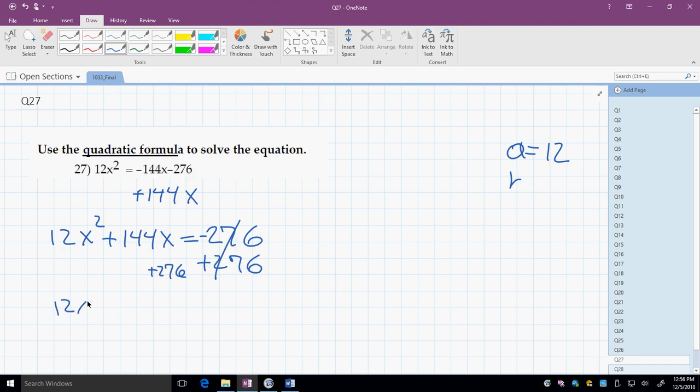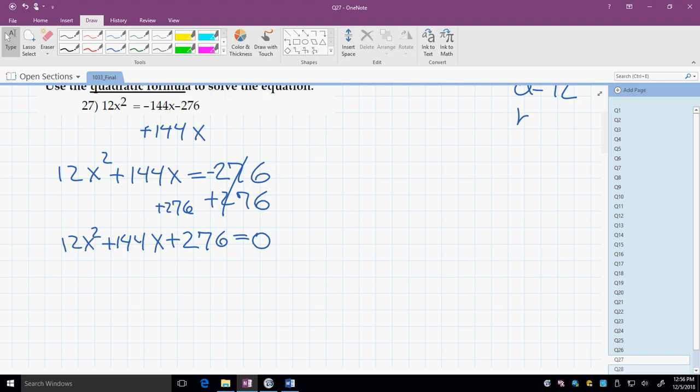So I have 12x squared plus 144x plus 276 equals 0. So now I can see my A is 12, B is going to be 144, and C is 276.